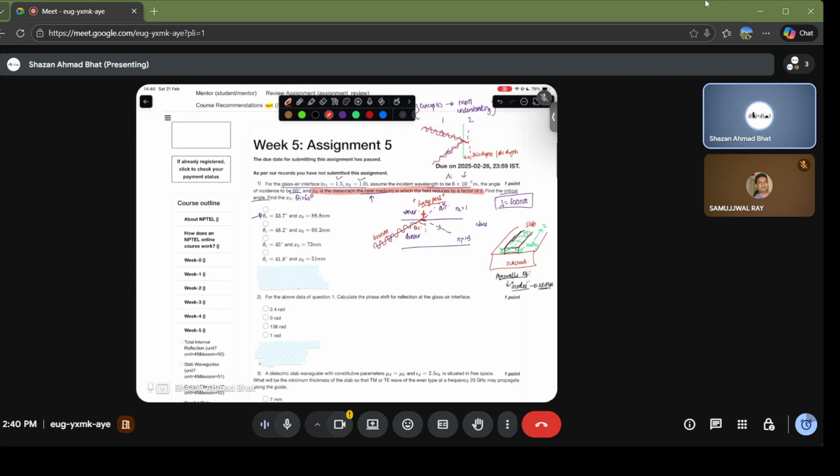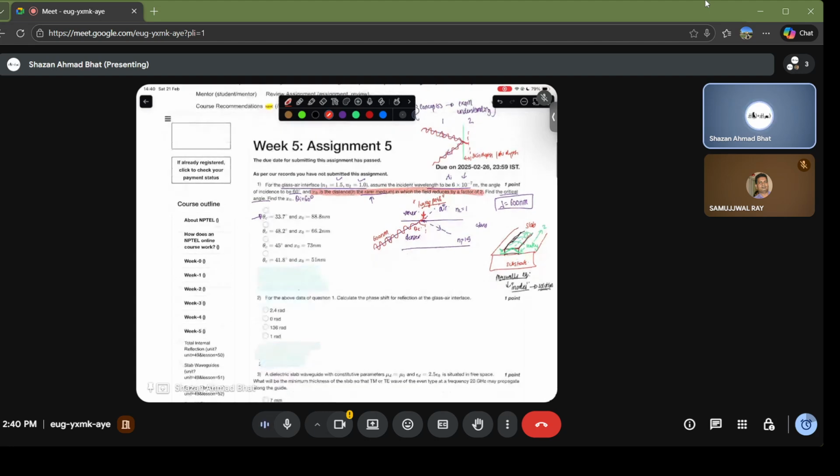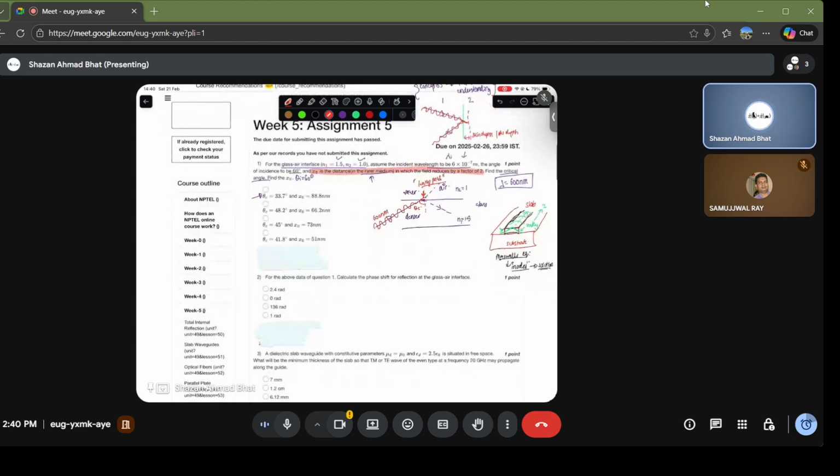There's more to this phenomenon once we solve it. What we are basically trying to see is that once this wave decays exponentially out of the medium, say it decayed up to some part, which is x naught, we need to find at what x naught this electromagnetic field drops by a factor of 2.